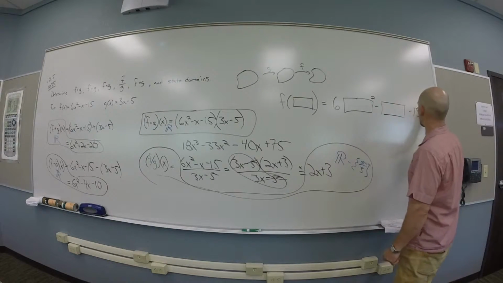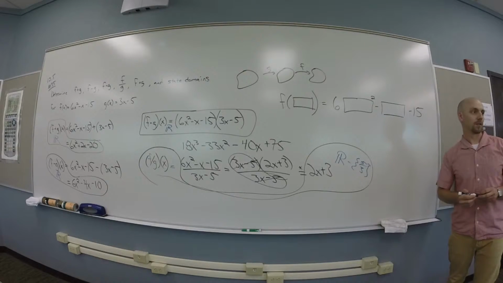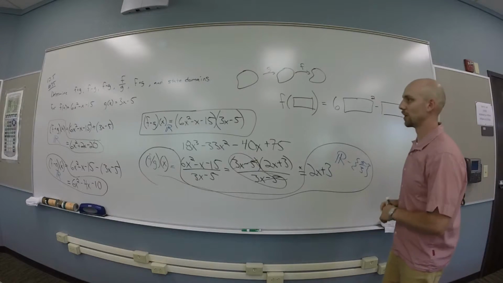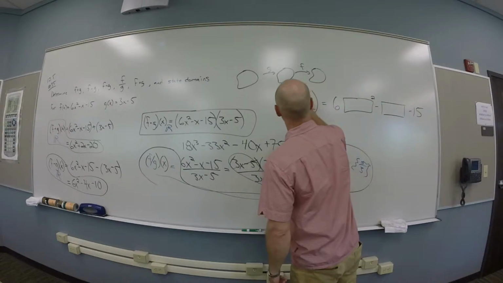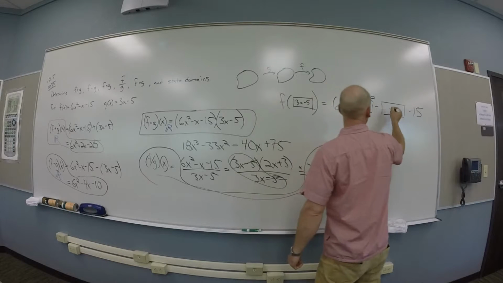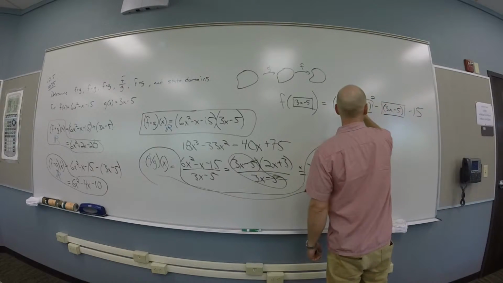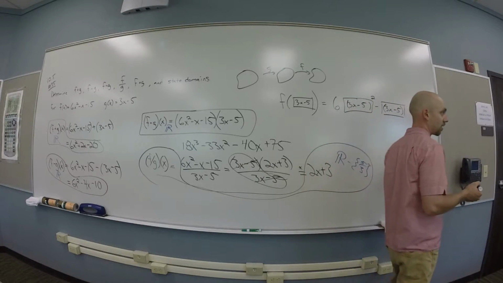And what am I trying to take f of? 3x minus 5. So I want to put that in here, and I need to remember that there are parentheses around it.